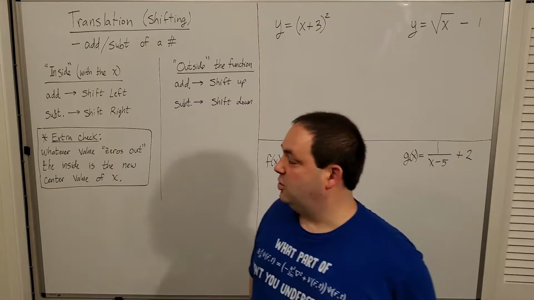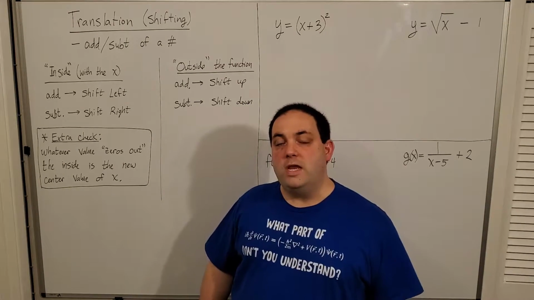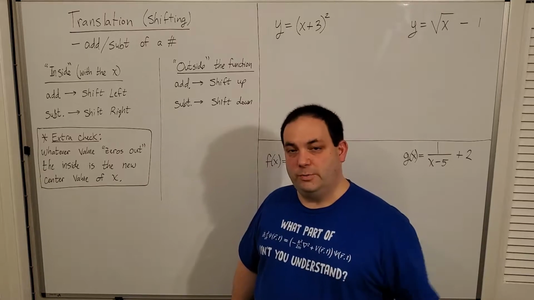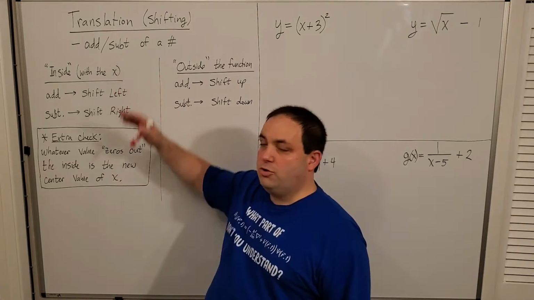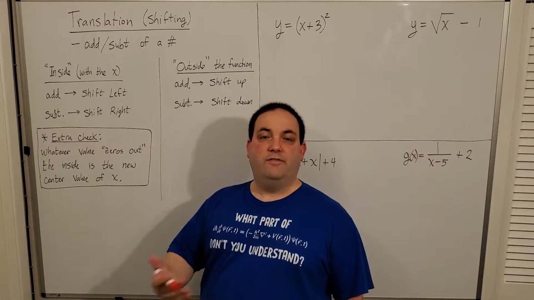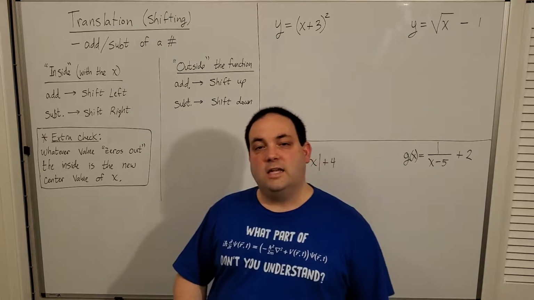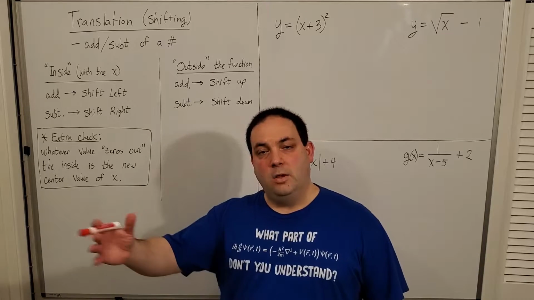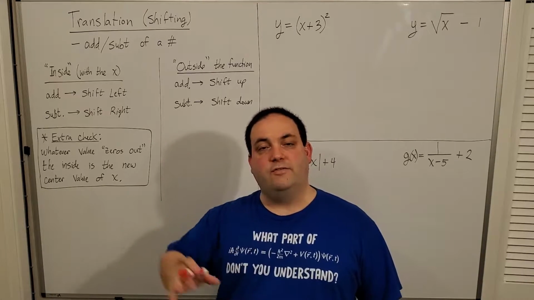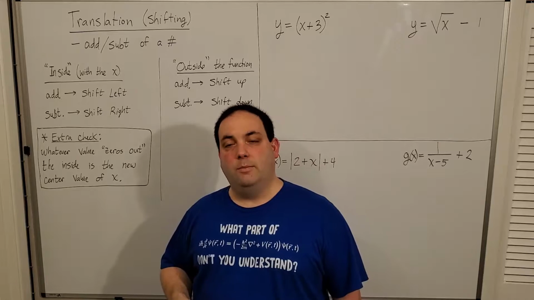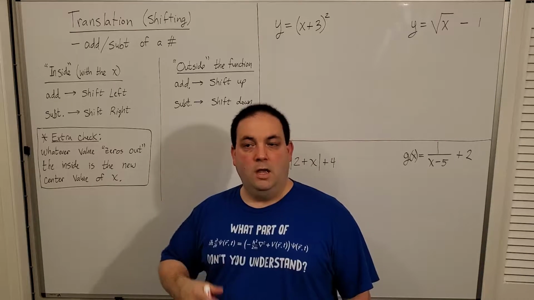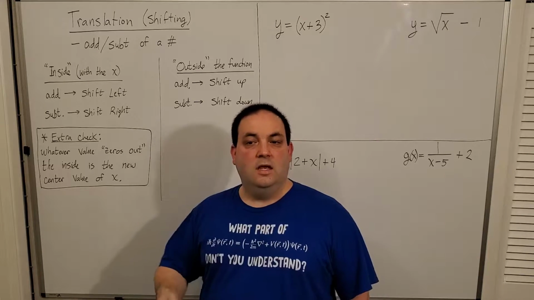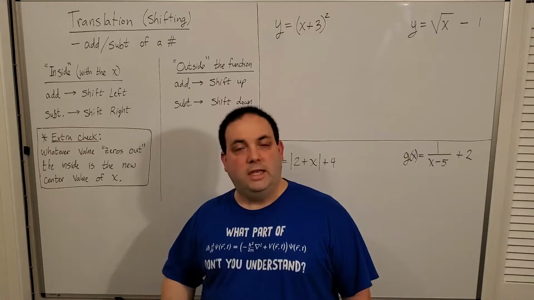Okay, so now let's talk about how we can read what shift we're supposed to be doing here. Whenever we're adding and subtracting a number inside of a function, that's going to be some sort of a movement, either up, down, or left or right. And you can have a combination of a vertical with a horizontal movement. A right with a left doesn't make sense, but a right with a down can happen.